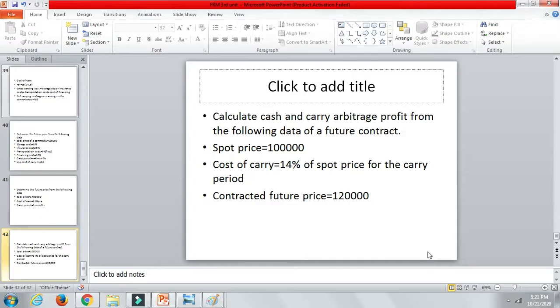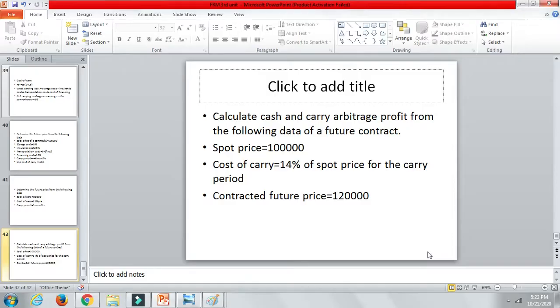So let's do another problem, students. This would be the next question. Calculate the cash and carry arbitrage from the following data of a future contract. Spot price is equal to 1 lakh. Cost of carry is equal to 14% of spot price for the carry period, and contracted future price is 1,20,000.